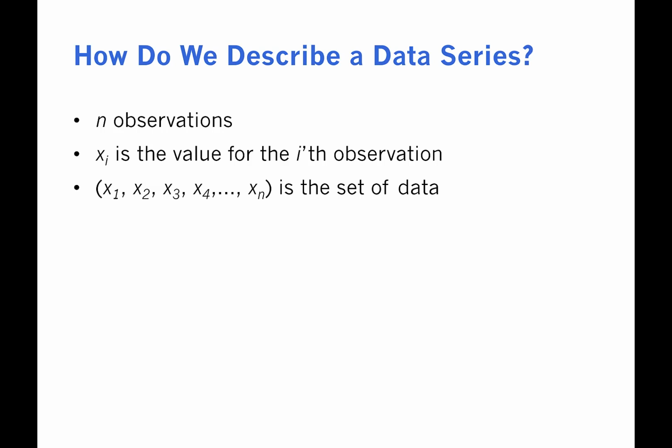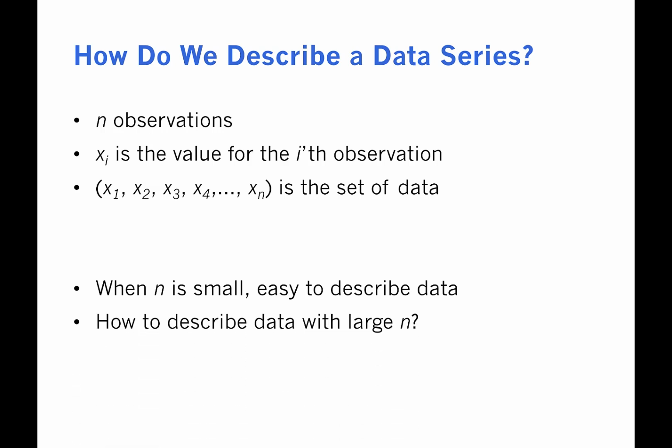We have n observations, xi values for each one of the observations, and the set of all of the xi's from x1 all the way to xn is our data set. Now, if your data is small, so if the number of observations is low, it is easy to describe the data. You may even be able to just look at the data and say something about it. But when n is large, then how do we describe the data?